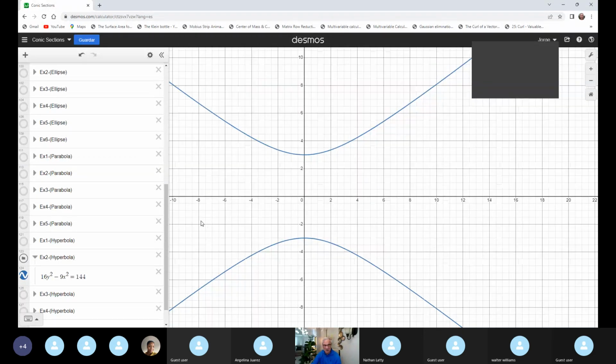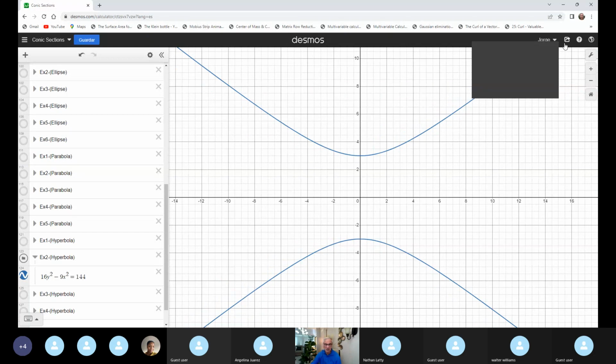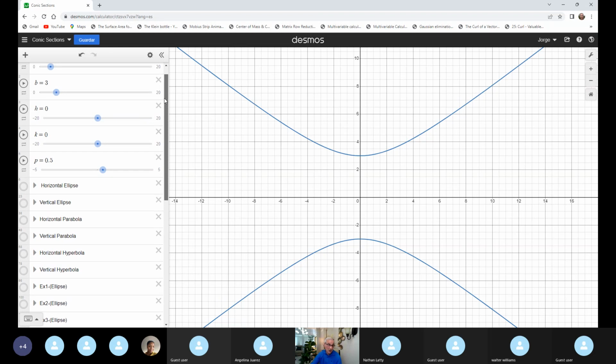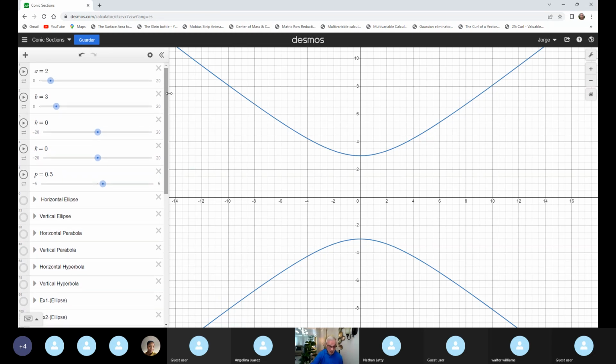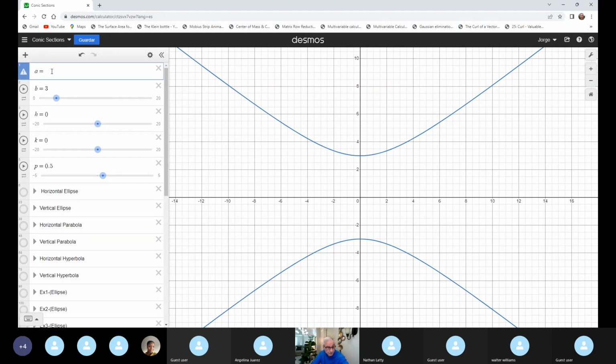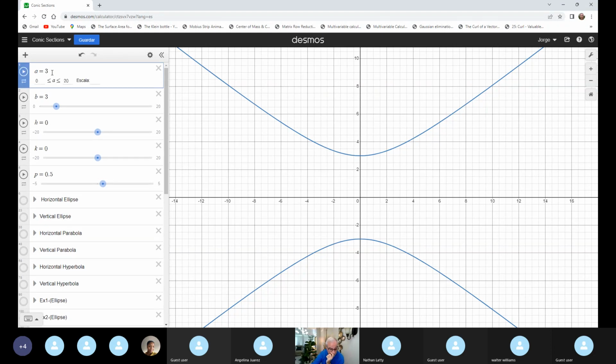I copy because I have no idea, but I see it's a vertical hyperbola. However, I go back to double check, to verify that what we are doing on the piece of paper is correct. So A is 3. B is 4.